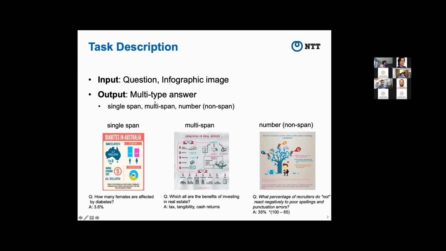The answers fall into 3 types: single span, multi-span, and number. The single span and multi-span answers are sequences of tokens extracted from the image or question. On the other hand, the numerical answer is not a span from an image or question, and in some cases it requires numerical reasoning between multiple numbers in an image.